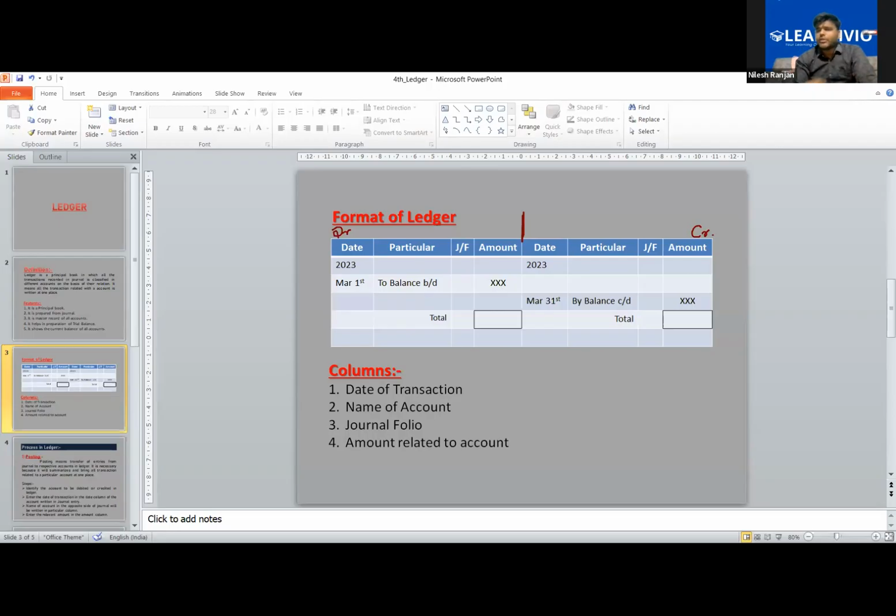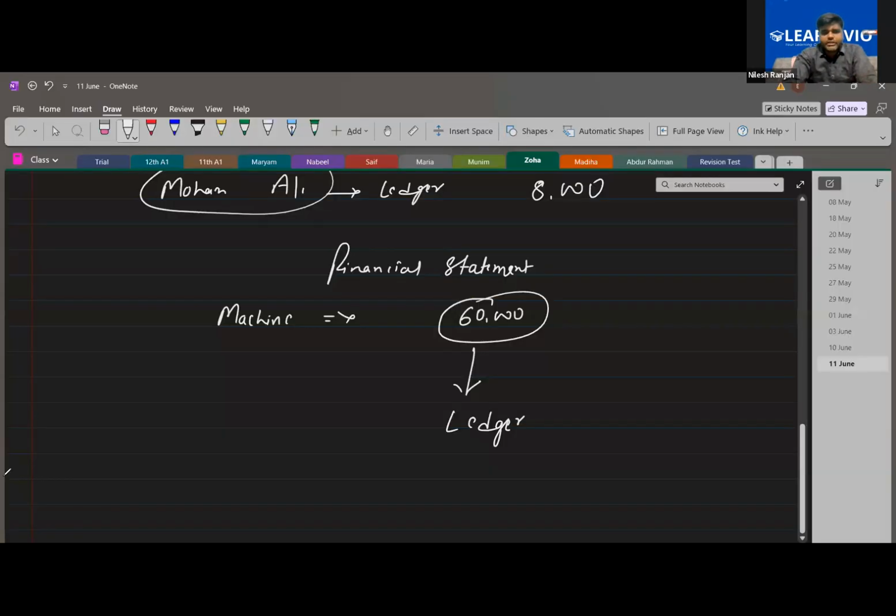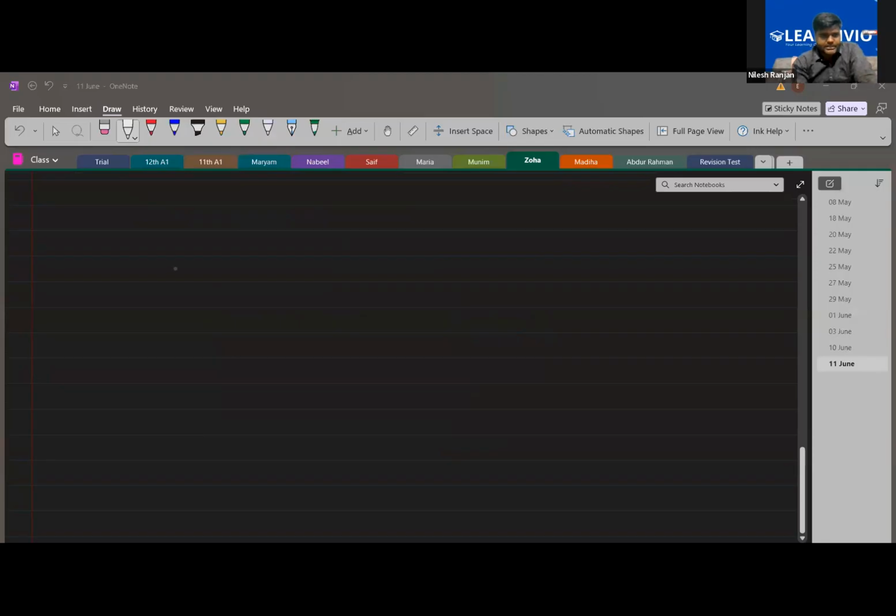Now, let's say you have prepared the journal. In the journal, you write many journal entries like purchase account debit to cash, cash account debit to sales, cash account debit to capital, wages account debit to cash.